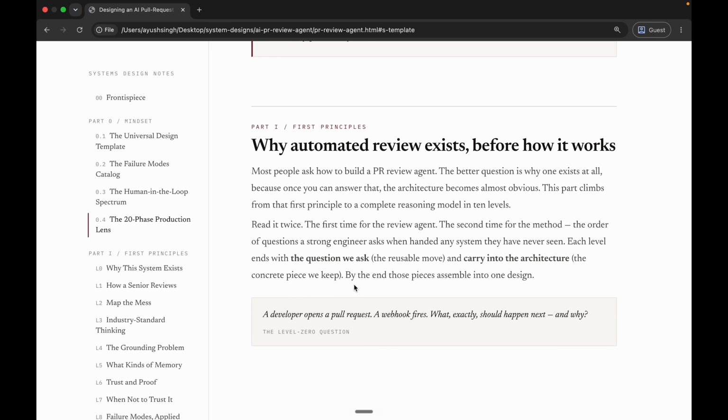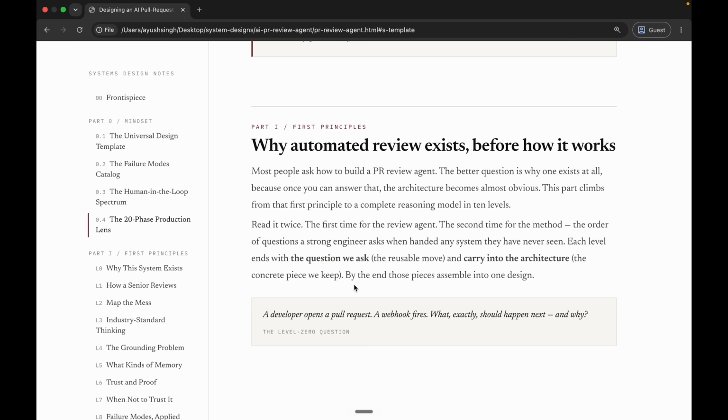We were able to create the steps where it was failing, how it could have failed. We write down every single thing. The mindset we produced from the first principles is why this system exists, how a senior engineer will review a particular PR, and how we map that to an agentic system, right? And then what kind of memory.